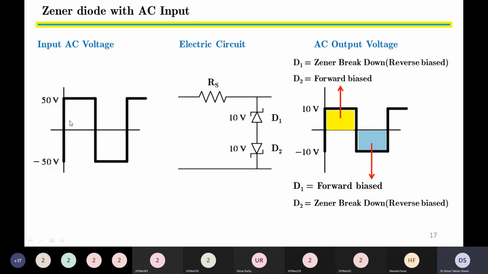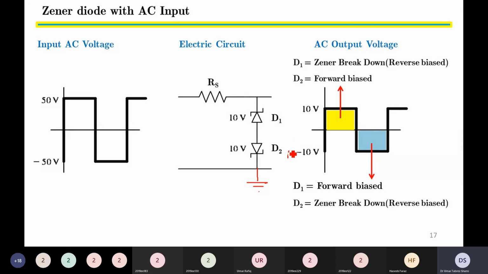We will have our ground over here. The cathode terminal of D2 is connected to the ground, whereas the cathode terminal of D1 is connected to the series resistance Rs.